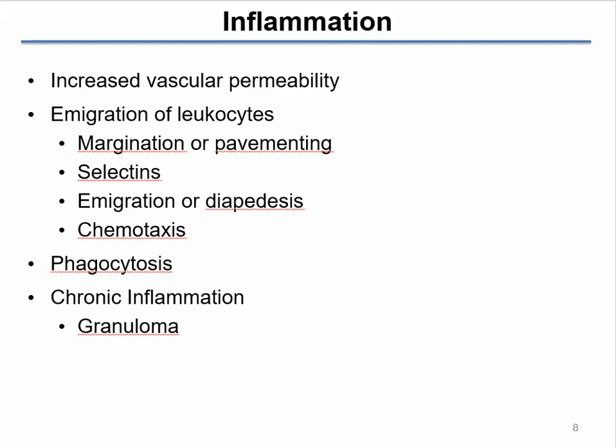So now, like I said, really what it is about is bringing more blood to the area. And the blood vessels in that area become more permeable. Bringing more blood to the area brings more nutrients, and it brings more leukocytes.